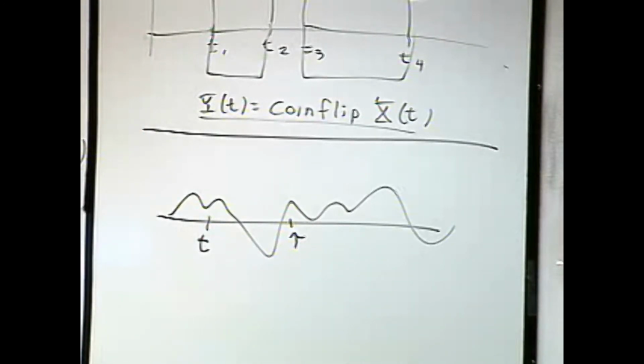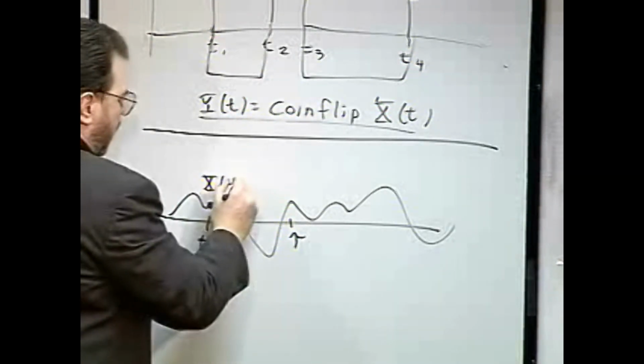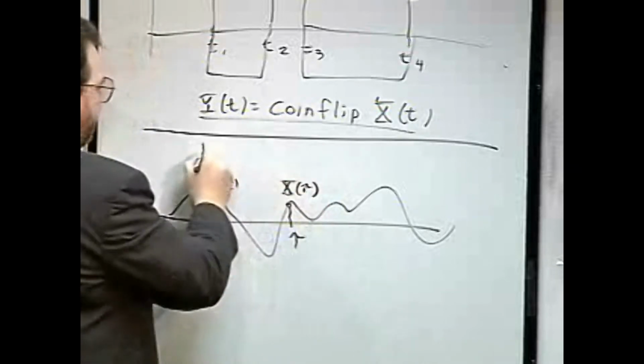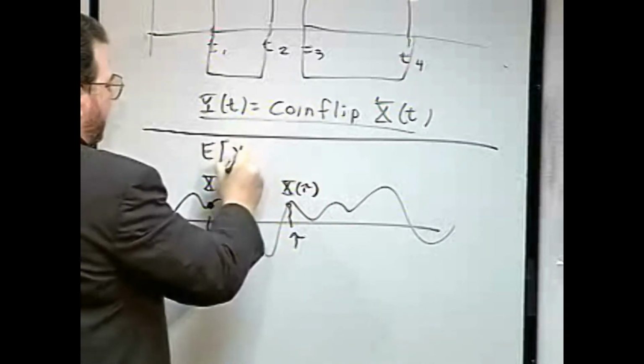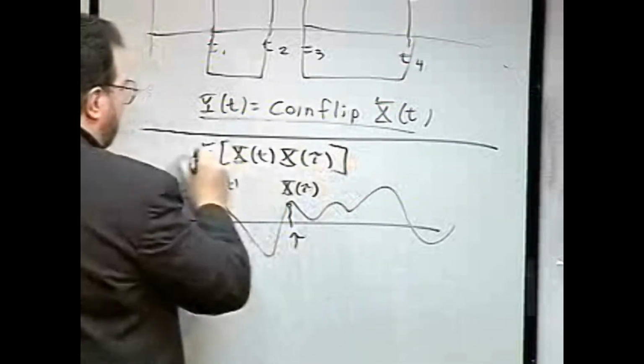We are going to sample this, and we are going to obtain an x of t, and we are going to obtain an x of tau. And of course, we get the autocorrelation by taking the expected value of x of t times x of tau corresponding to these 2 points, right?